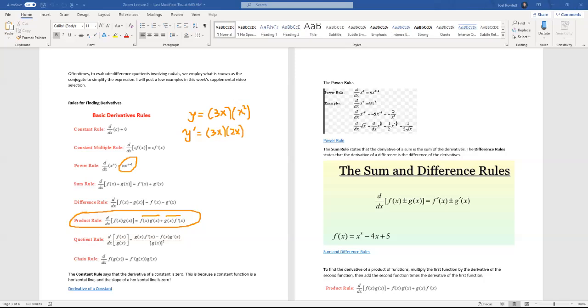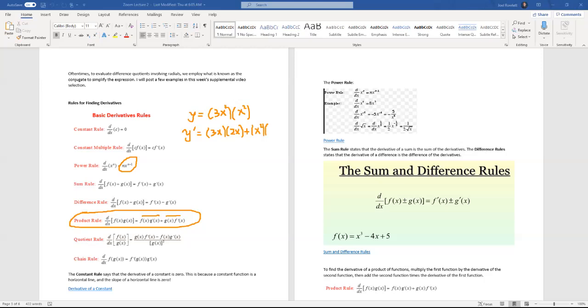And then we have to add to that the second function, which is x squared, times the derivative of the first. Well, the derivative of the first one, let's see, we know we have an exponent of 1 here.